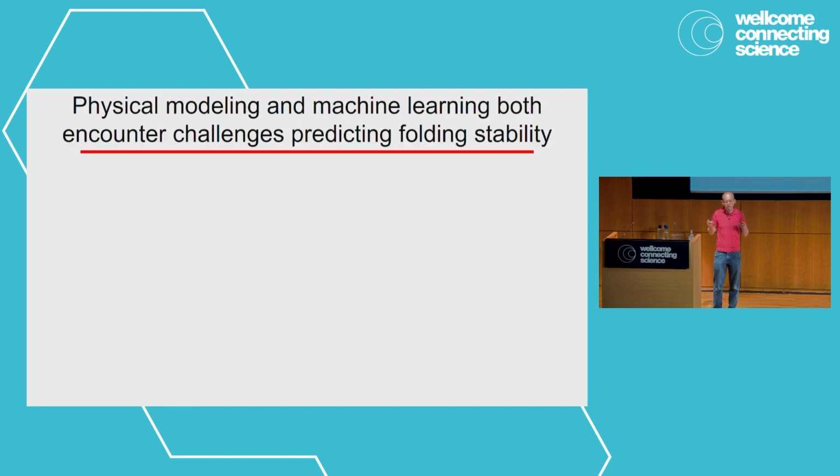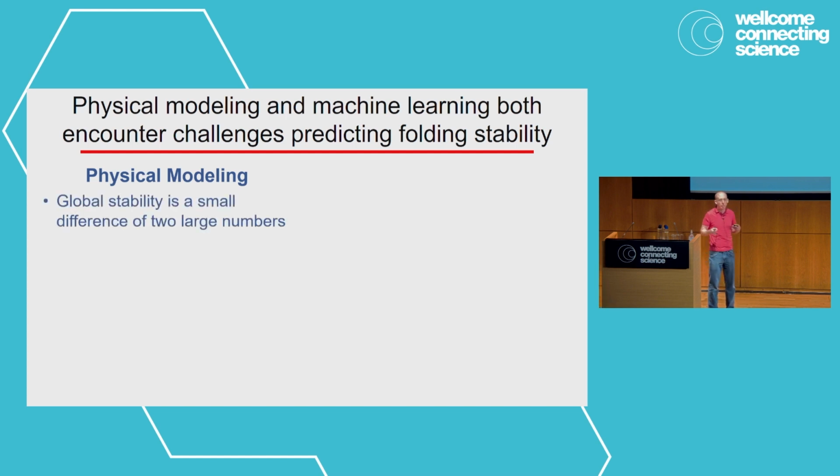Now, protein stability understanding has basically been approached in two different ways, through physical modeling and machine learning. But both of these have had real challenges that have prevented us from developing really accurate models of stability. So I'm going to quickly go through these. On the physical modeling side, one of the big challenges is that stability is a small difference between two sets of really large numbers.